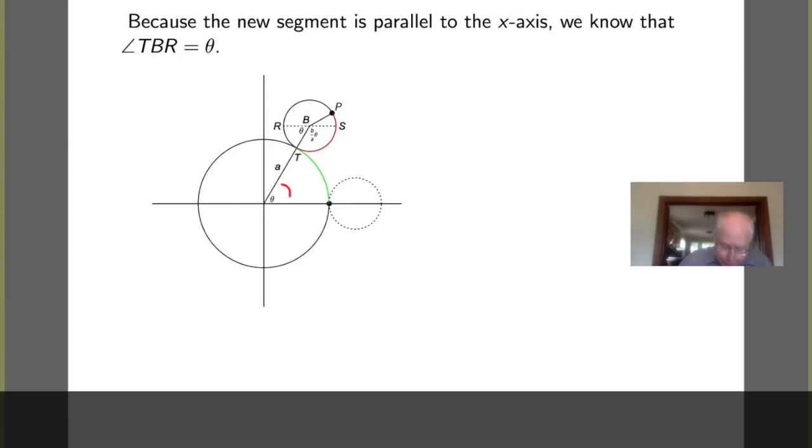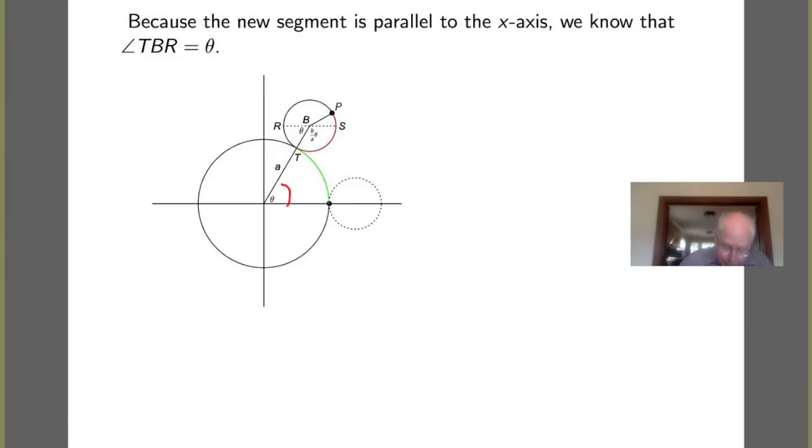That's because this angle is theta, and because we have a transversal cutting horizontal lines here, RS is horizontal on the x-axis, that angle RBT must also be theta. So we now know the angle we've indicated in red here. We know this angle TBP because of the relationship between the lengths of the red arc and the green arc.